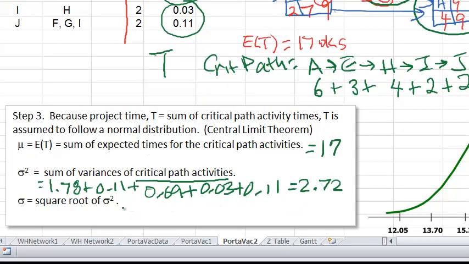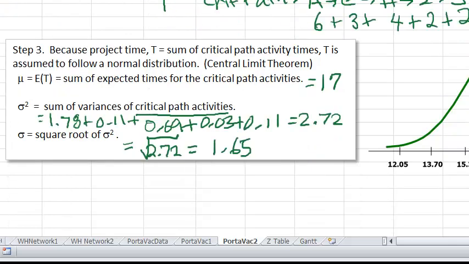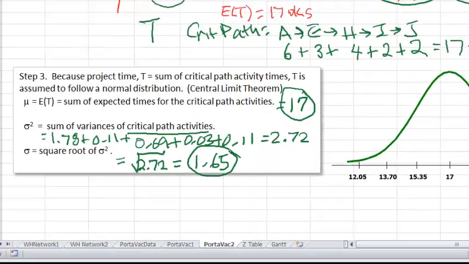Now to get the standard deviation, all we need to do is take the square root of this number. So that's going to be square root of 2.72, and that happens to be 1.65. So what we have is that we could say that project time has a normal distribution with a mean of 17 and a standard deviation of 1.65.